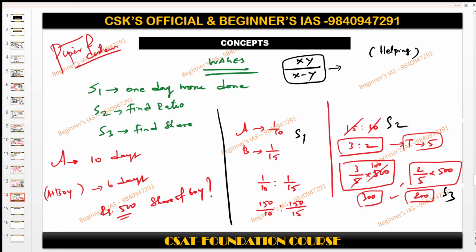What is xy? 60. X minus y is 4. Cancel, 15 days. Understood? Okay, sir. Now understood. Thank you so much.